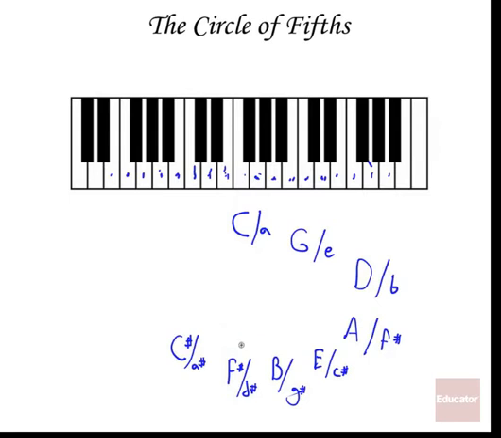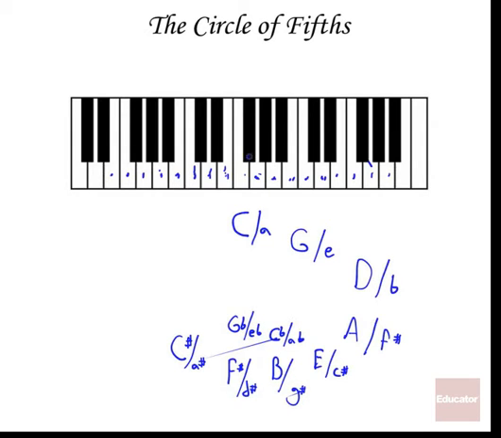So starting on B, we can think about B as also being C flat minor. So C flat or A flat minor. And then F sharp, of course, could also be considered G flat minor or E flat minor.